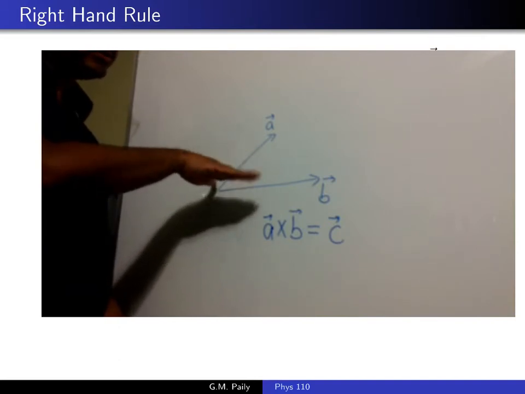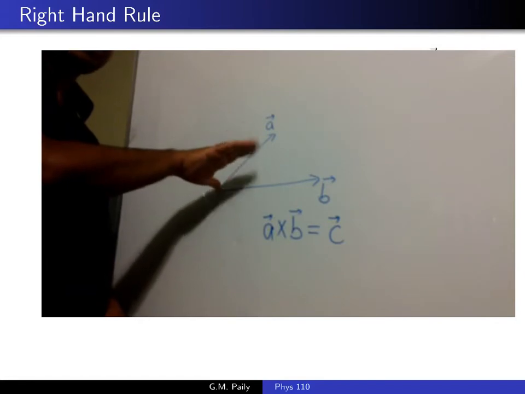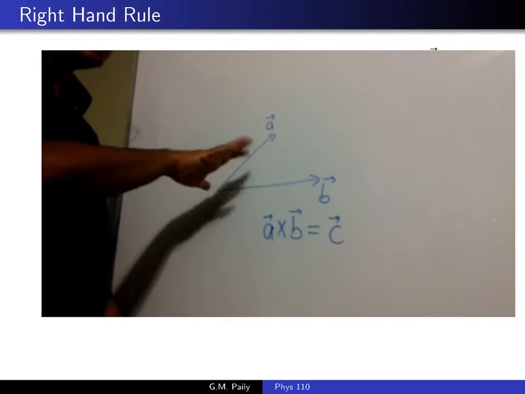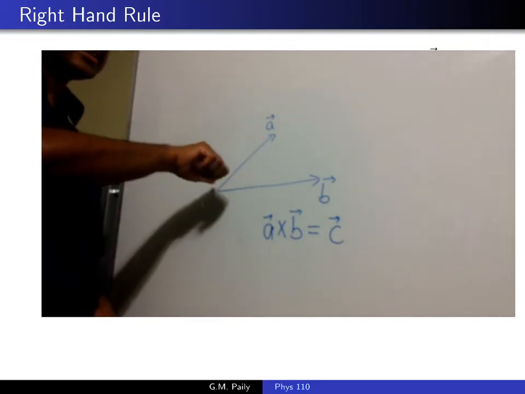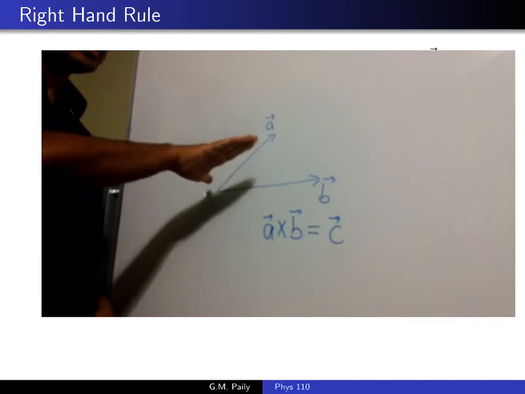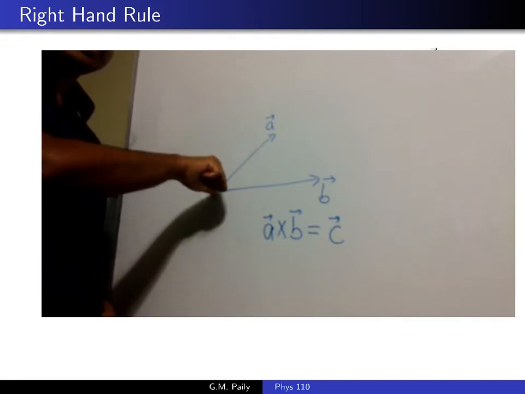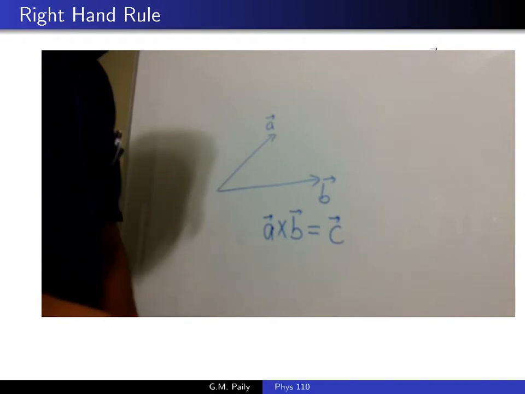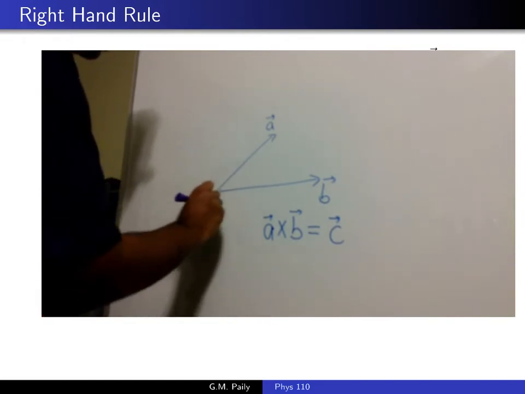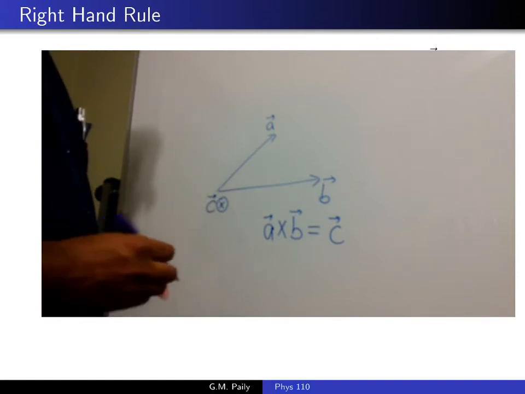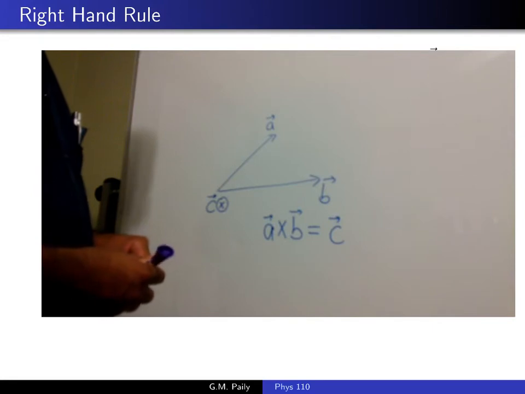You can see that this is the angle between A and B, and so I curl my fingers through that angle. My thumb points perpendicular to my fingers, and in this case you can see that my thumb points into the board. And so we say that vector C points into the board, which is denoted by a circle with an X in it.